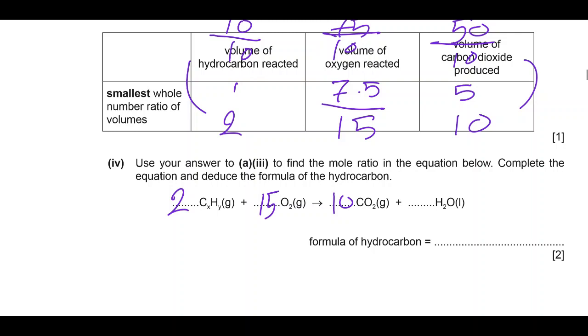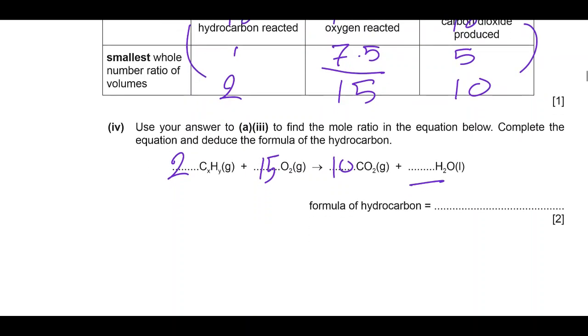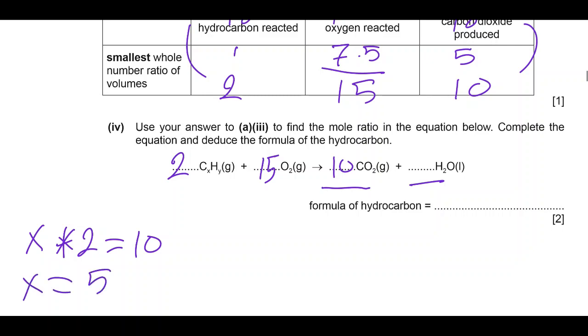Now we will find the hydrogen. First of all, ask yourself how many carbons you have produced in the product. 10 carbons. That means X multiplied by 2 is equal to 10. What's the X? X equals 5.